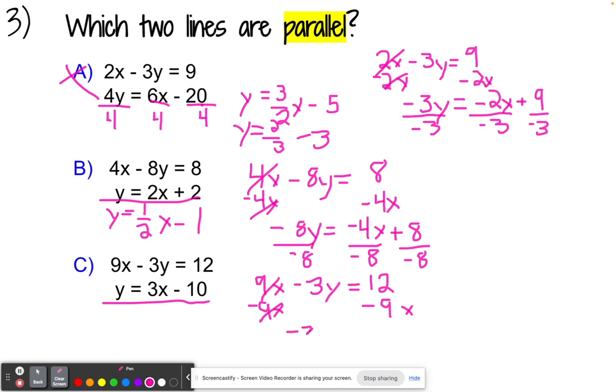I have negative 3y equals negative 9x plus 12. And my last step is going to divide everything by negative 3.